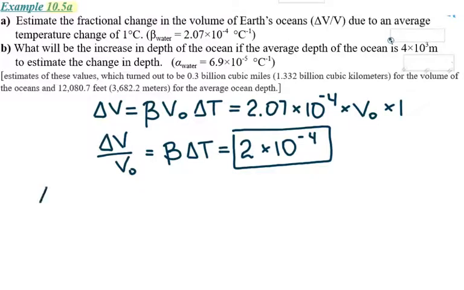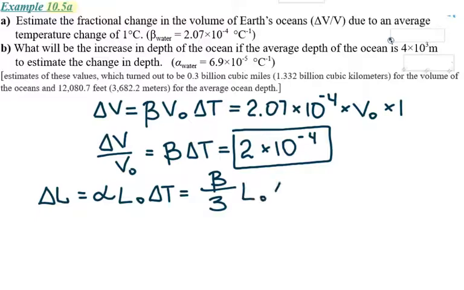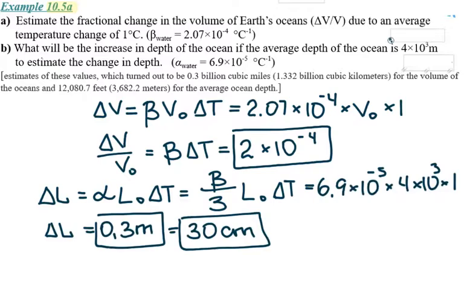So for linear expansion, I have delta L, the height of the ocean, is going to be equal to beta divided by 3 to get the linear expansion, times the initial height of the ocean L sub 0, times delta T, and I get 30 centimeters high.